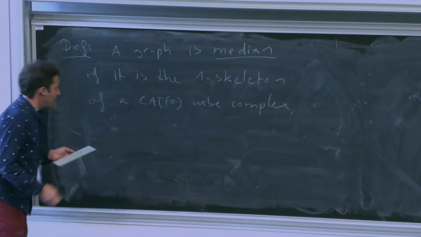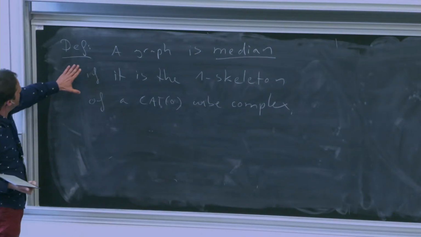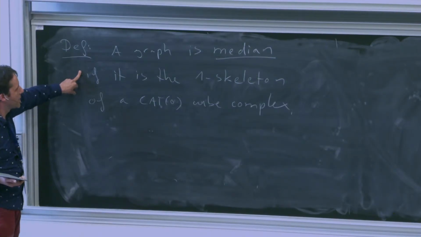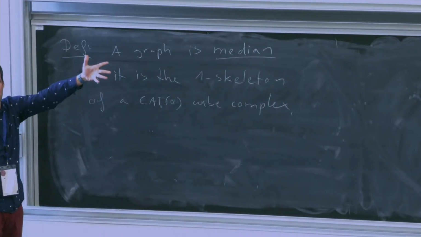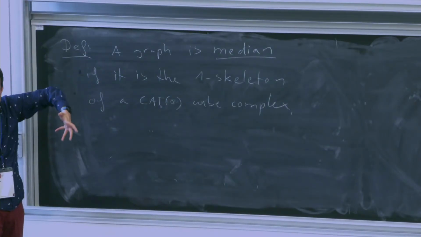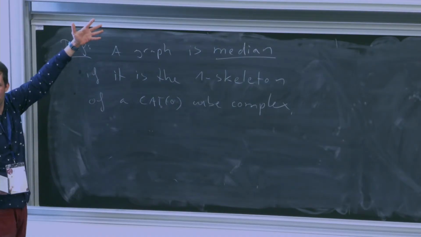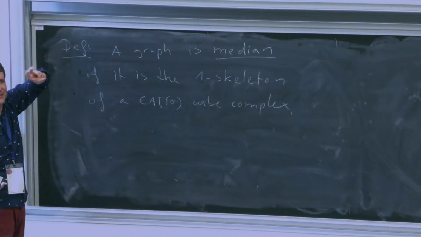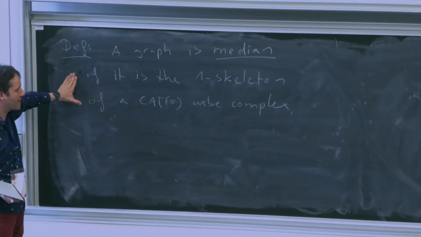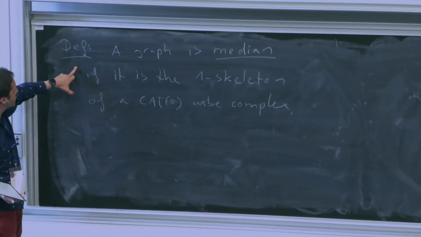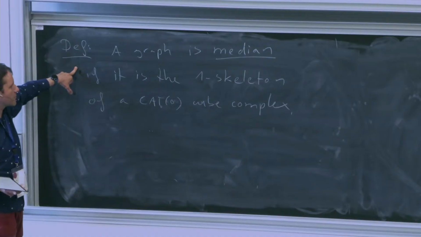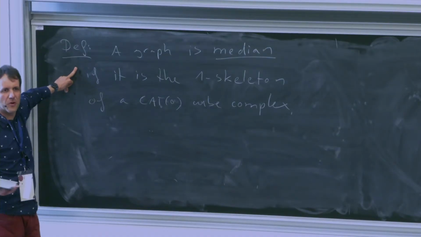In some ways that's the more reasonable notion, because in the end we only work with the combinatorial distance. We have a graph, we work with the combinatorial distance on the vertices. Why should we introduce this whole additional structure and not just work directly with the graph? So there are good reasons to rather work with median graphs instead of CAT(0) cube complexes.